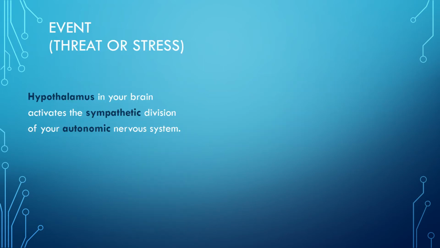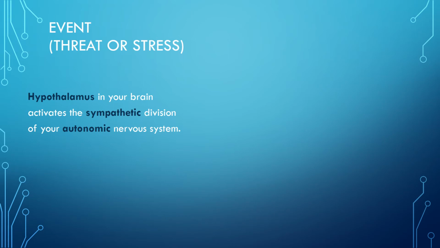So, what exactly is happening in the nervous system during these 4 processes? Well, the event, and the theory really bases itself on threats or stresses, but can apply to anything. So, the hypothalamus in your brain activates the sympathetic division of the autonomic nervous system. That's a fine sentence.